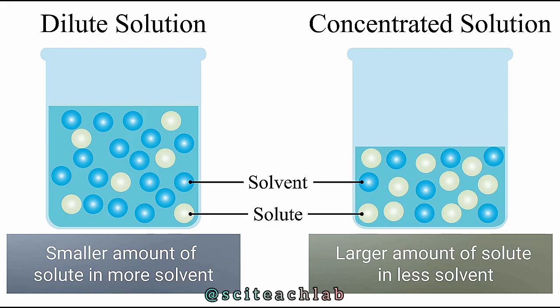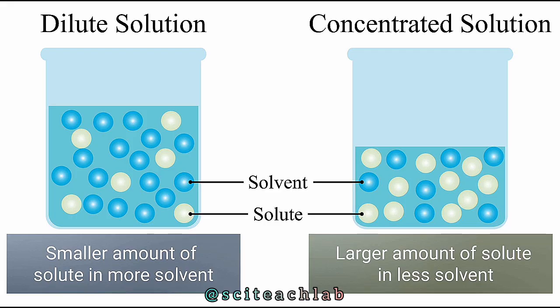From your own analysis, which cup will taste better? Of course, the one that has just drops of water, because the amount of solvent you added to that Coke is less than the amount of Coke in there. So when the amount of Coke is more than the amount of water added, then it's concentrated.